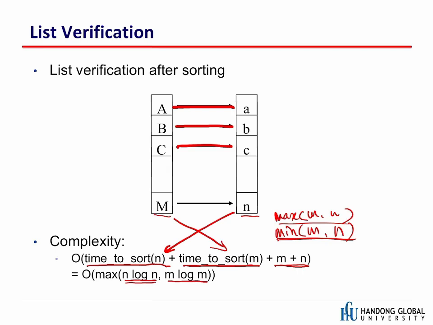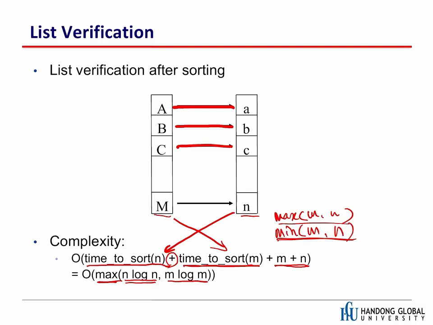Time complexity for sorting is n log n. So we have a plus operation, and in big O notation, we have to take the dominant component. So we have a max here. So it could be n log n or it could be m log m depending on the length. So that's what we have.